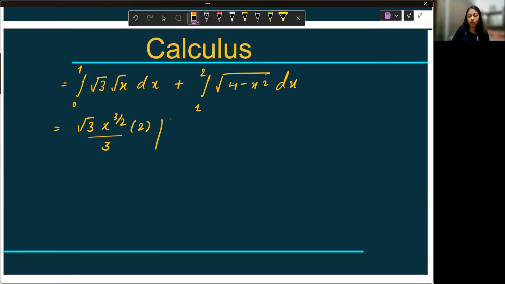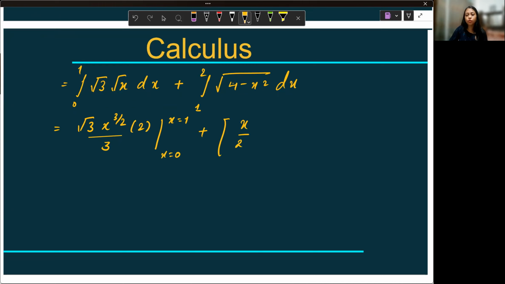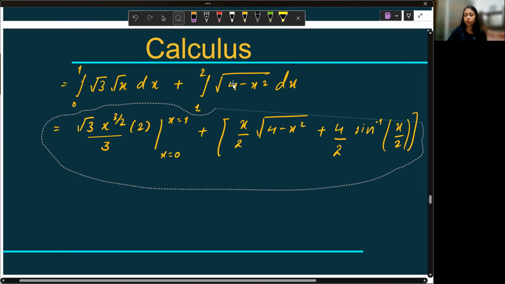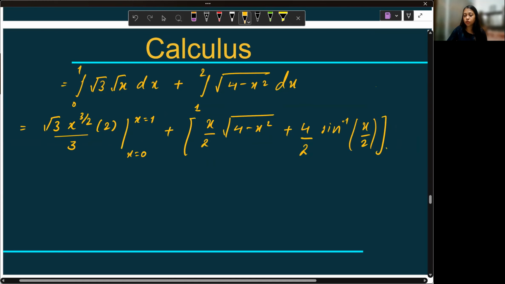Limits x equals 0 to x equals 1. Plus, here, x by 2 under root 4 minus x squared plus a squared by 2, so it is 4 by 2, and sine inverse x by a, which is 2 here, x equals 1 to 2.